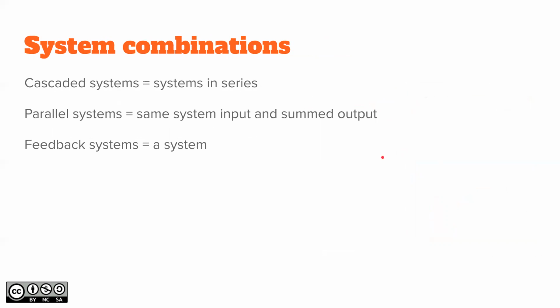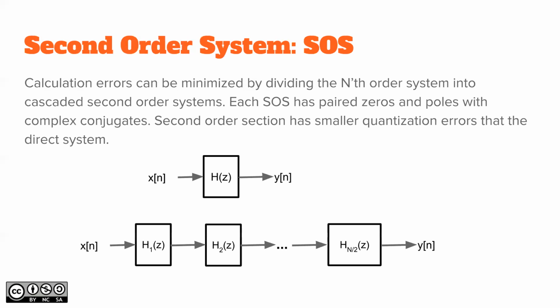All right, system combinations. We will need some system combinations: cascaded systems, parallel systems, feedback systems, especially for this reason. Second order systems. This I can actually explain with annotation.